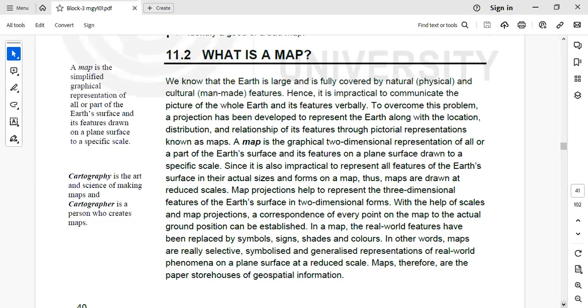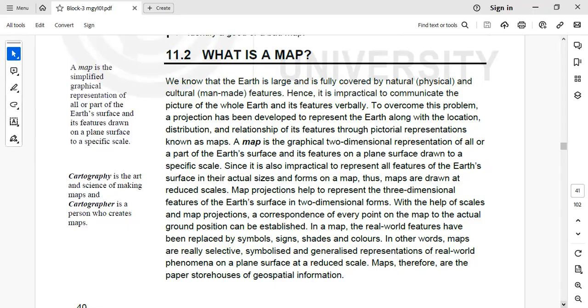So to overcome these difficulties, the cartographers use the word scale. So with scale, we can show part of the Earth by reducing the size on a particular piece of paper.